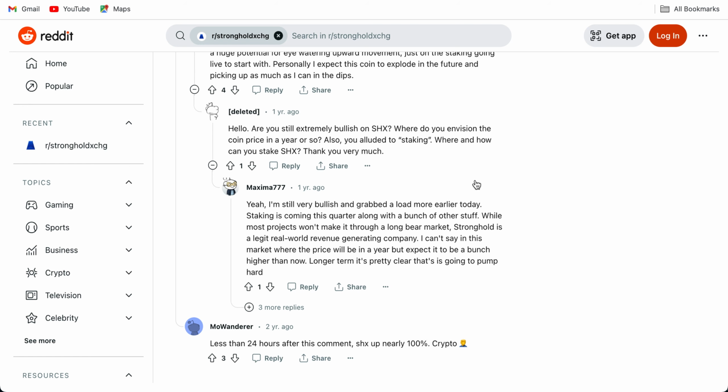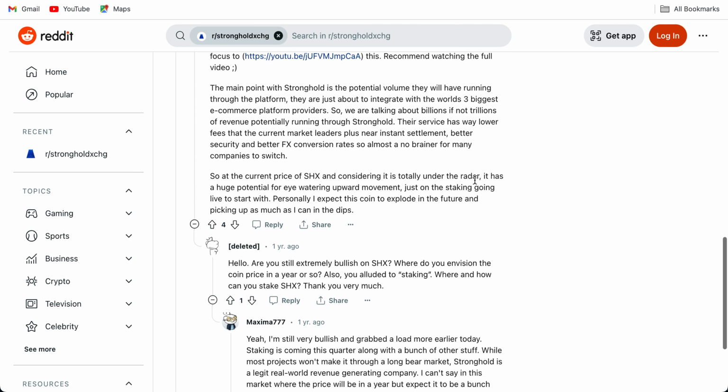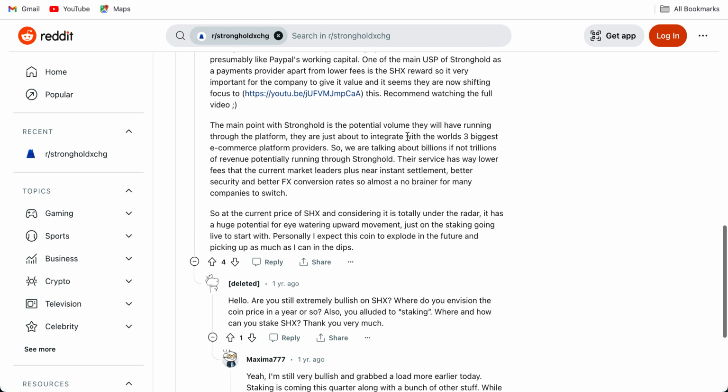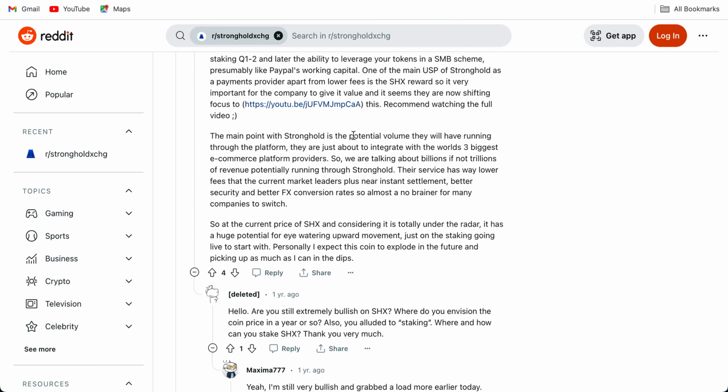So basically, from what I understand, the merchants are going to be incentivized to be holding or even using SHX rewards. The SHX is concerned with the potential volume, and these incentives are the things that would be tempting the merchants to use Stronghold in the first place.